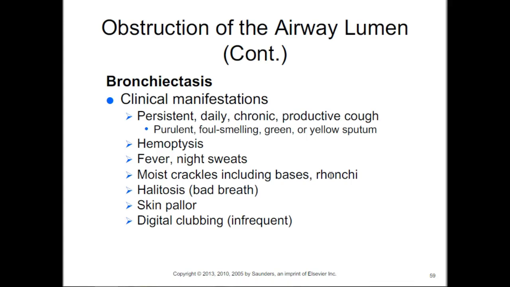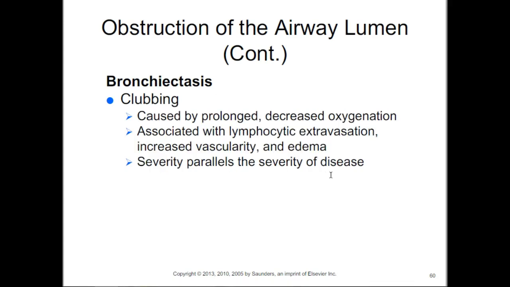Right? So a persistent, daily, chronic, productive cough that's quite purulent has a foul-smelling green or yellow sputum. So you might see hemoptysis, so they're coughing up blood, fever, night sweats, right? Rhonchi, halitosis, skin pallor, and digital clubbing, which again, I'm going to show you a picture in just a second. Right? So prolonged decreased oxygenation causes clubbing.